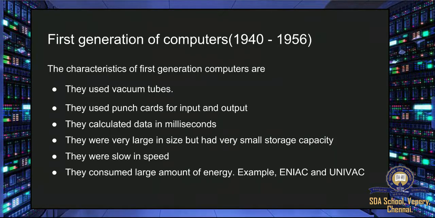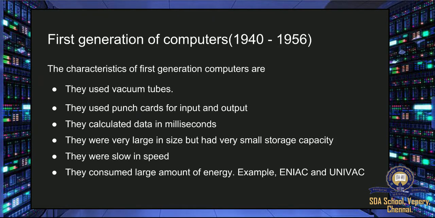Nowadays we use keyboards and monitors as input and output devices, but in the first generation computers they used punch cards. They calculated data in milliseconds. Nowadays we calculate data in just a fraction of a second, I would say. So they calculated data a bit slower than nowadays computers.